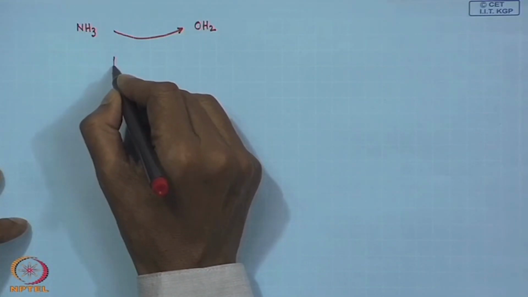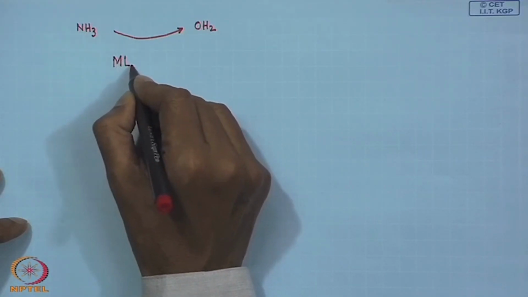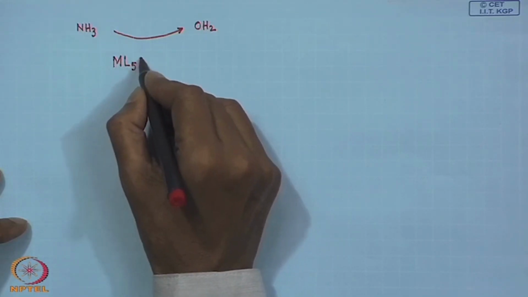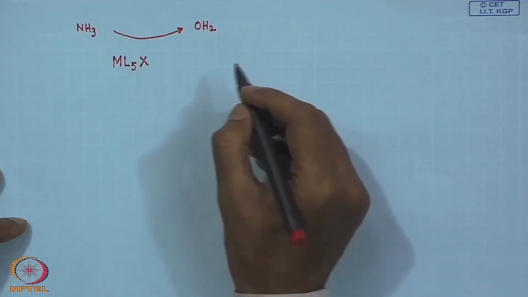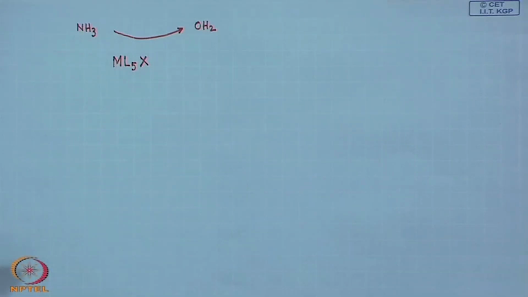If we have a system like ML5X, where X is present, it will be the leaving ligand.